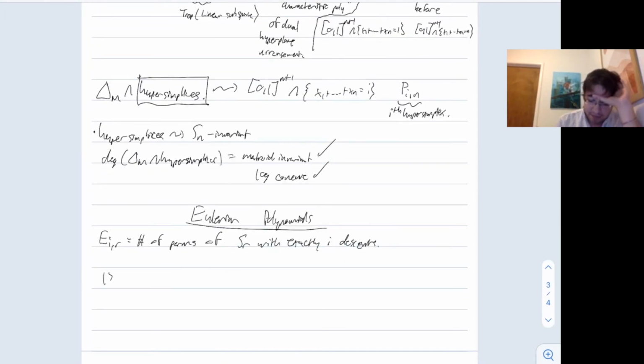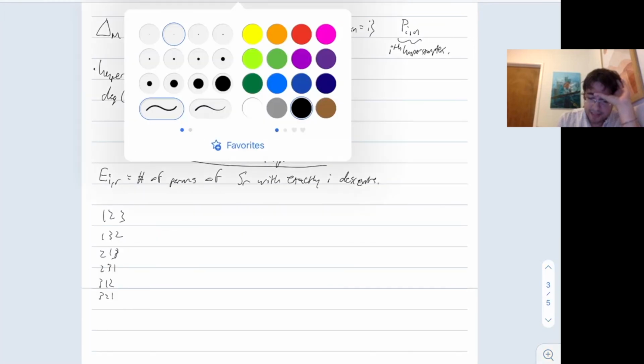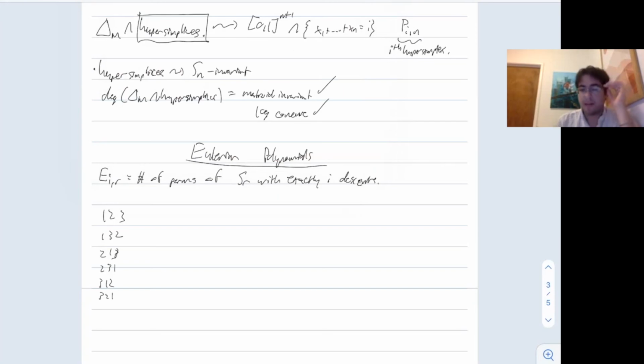So for example, if I list out all permutations of three elements, then the descents are when the next number is smaller than the previous number. So it's like here, here, here, here, here, and here.